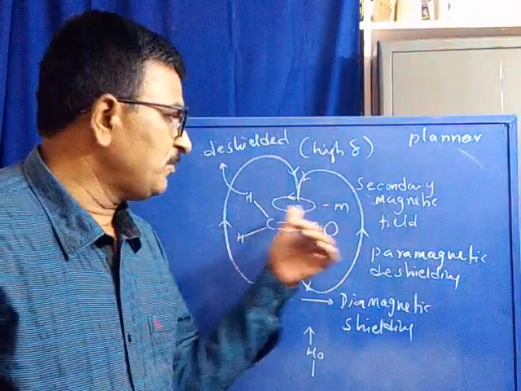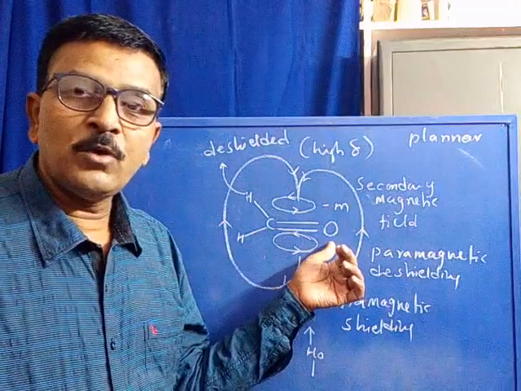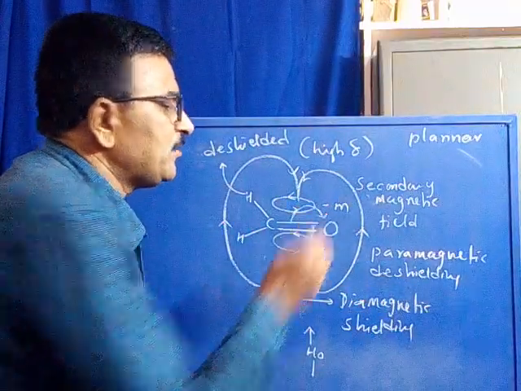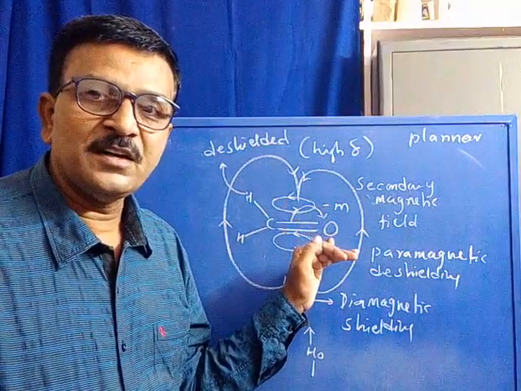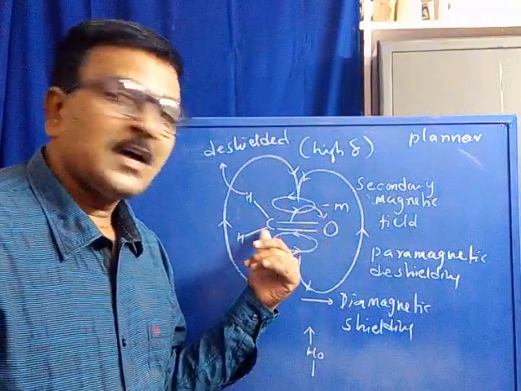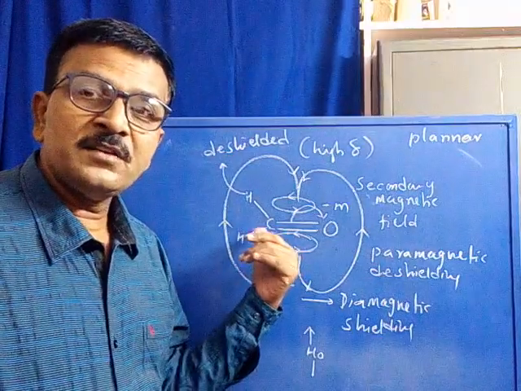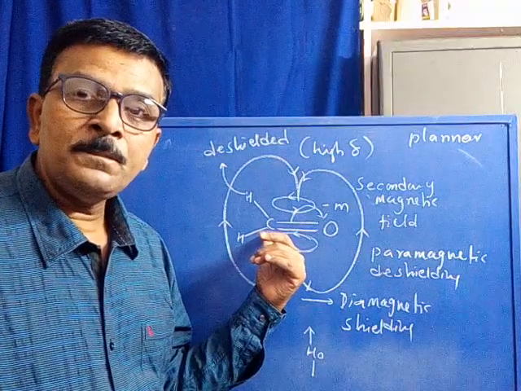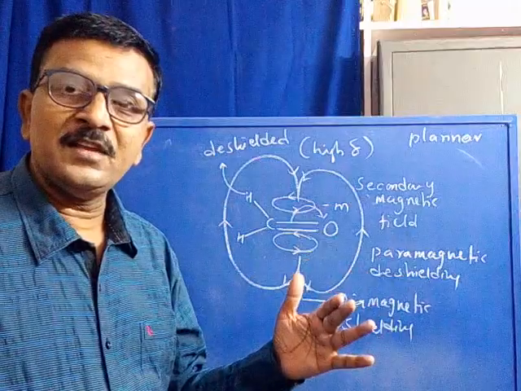Now both effects. One is the minus mesomeric effect, the minus M, where the oxygen is more electronegative, hence withdraws the electrons. The electron movement is towards the oxygen side. That is, the electrons are shifted towards the oxygen side, where the carbon gets a partially positive charge. When the hydrogen is attached to a partially positive charged carbon, the electron density around the hydrogen is further decreased.